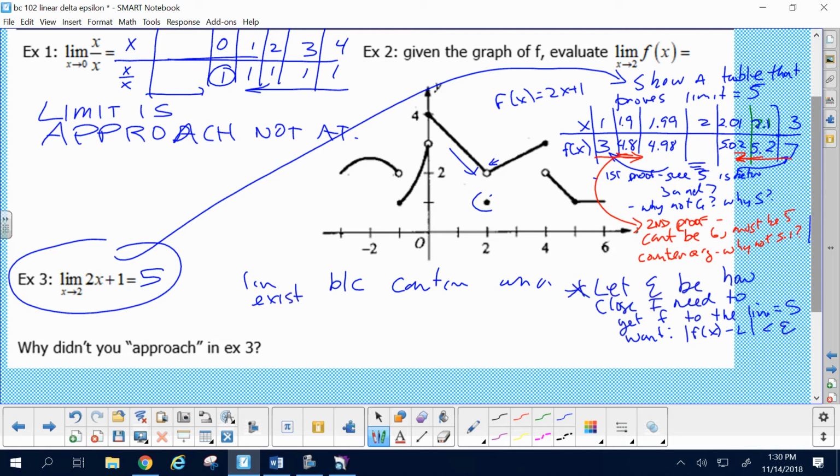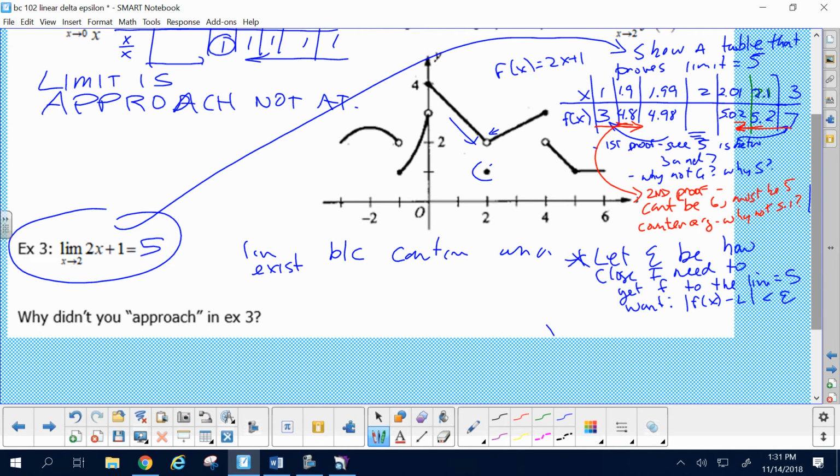Now your job is to show that once they gave you that epsilon, I can figure out an x, or how close I have to get x to 2, so that when I run through here, I get a y value that close.